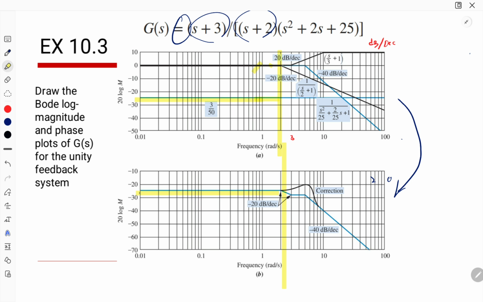Let's see, at 2, it's minus 20 dB per decade. So you have a minus 20 per decade slope. But right at 3, we have a 0. That's interesting. We had a pole going down 20 dB, and also we have a 0. So it will be minus plus, it will be flattened.